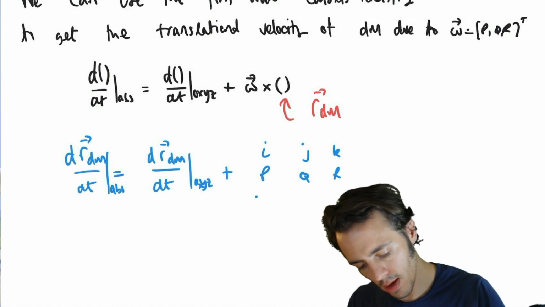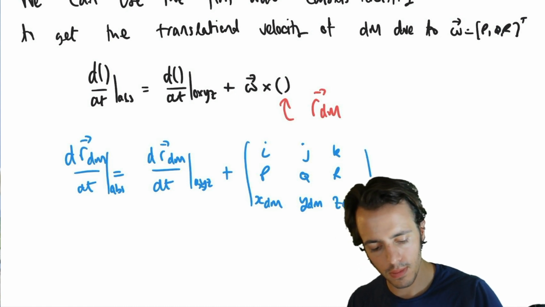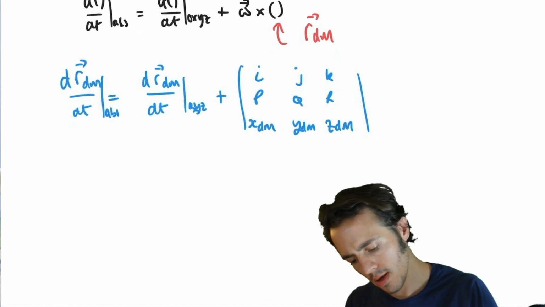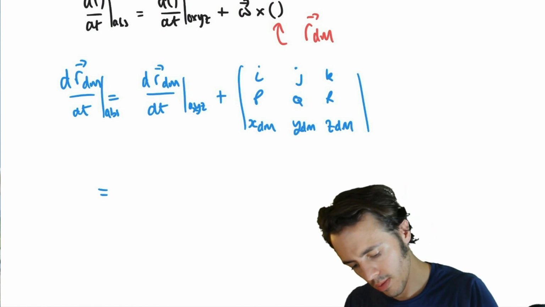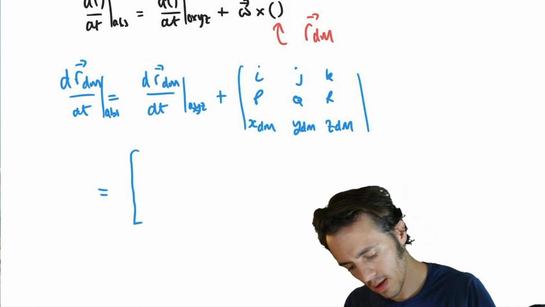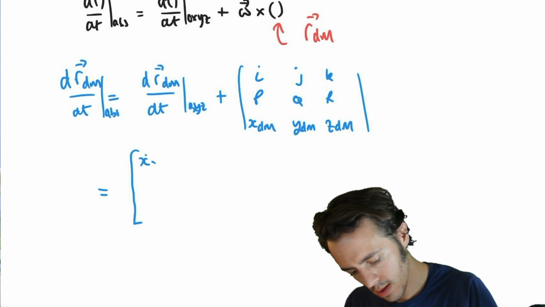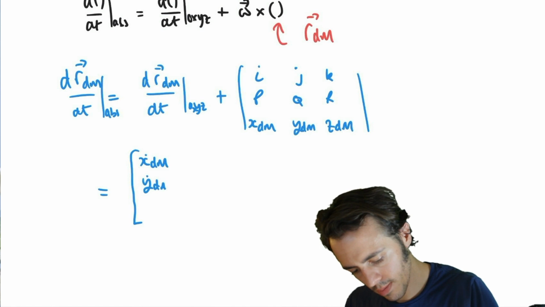We've got x dm, y dm, and z dm. Okay, so let's do these. So the first time derivative, so we're looking at the first term now, we've got a column vector, x dot dm, y dot dm, z dot dm.